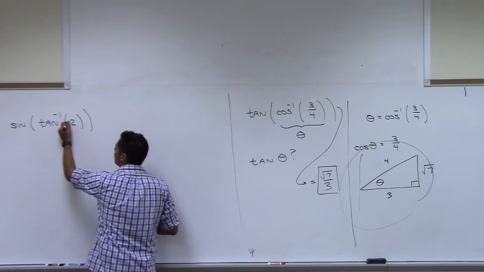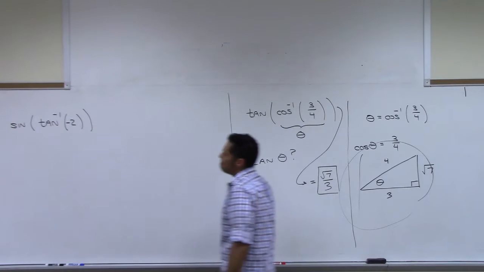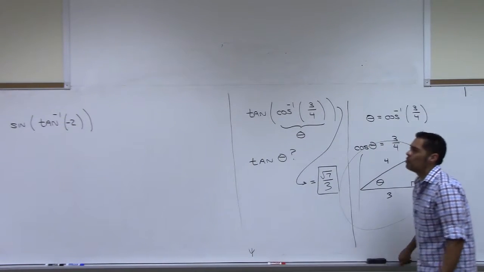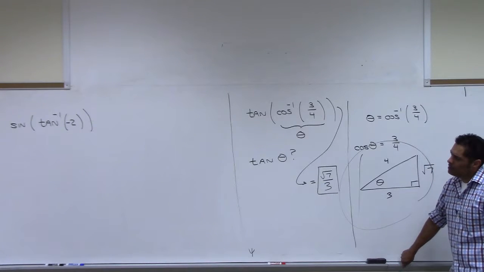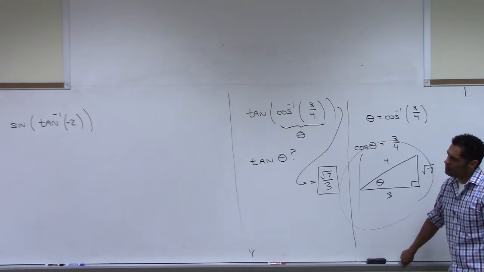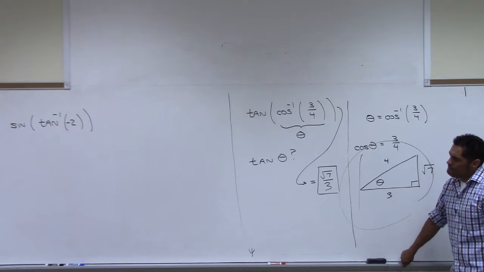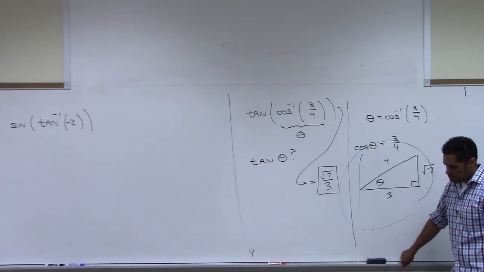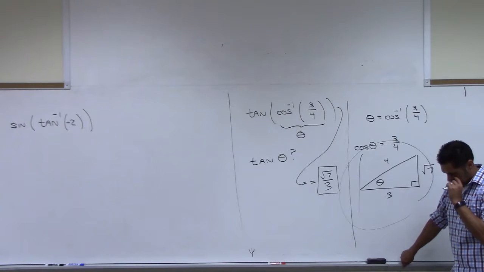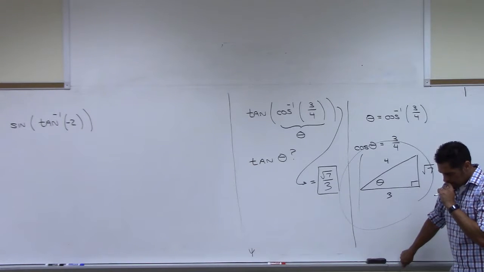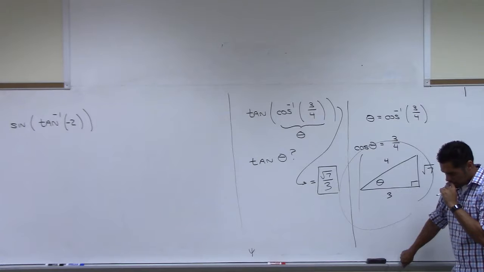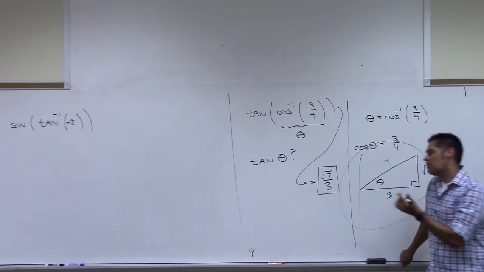Make it -2. Trying to force us into a quadrant, but I just won't do it. Okay, I'll try it with this.